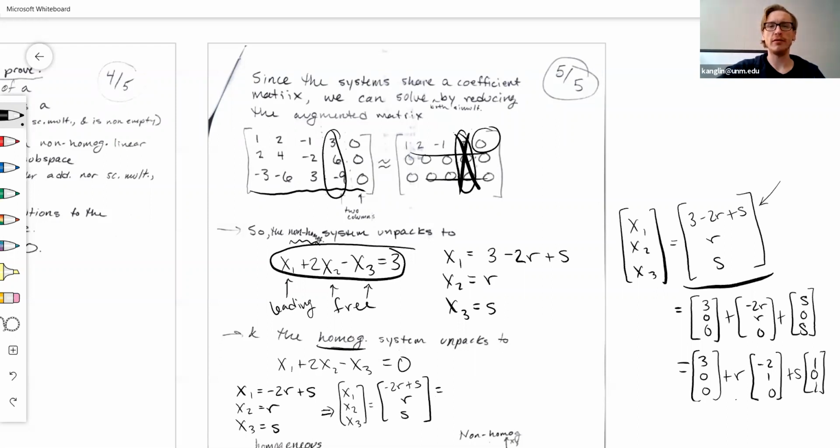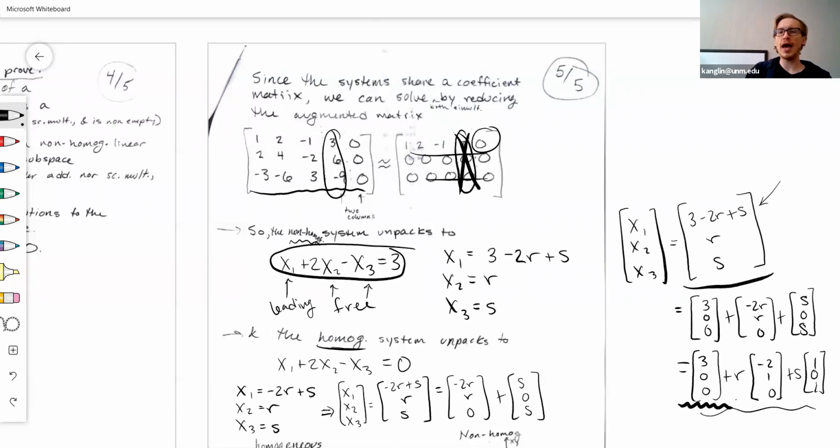Same way as before, I'm decomposing this into the stuff that has an r and the stuff that has an s. And we should notice this looks exactly the same as what we got in the non-homogeneous system, except we don't at first have this fixed vector (3, 0, 0). All we have is r times (negative 2, 1, 0) plus s times (1, 0, 1).